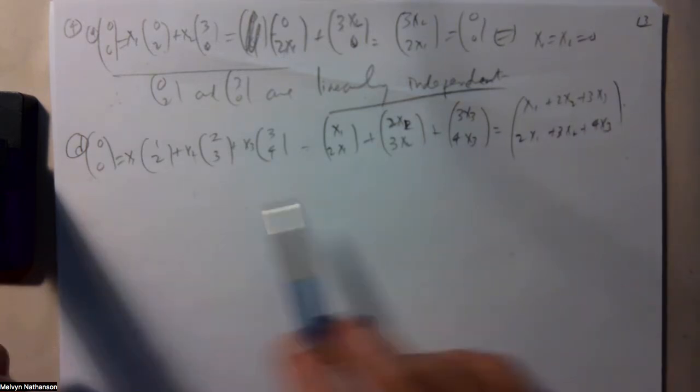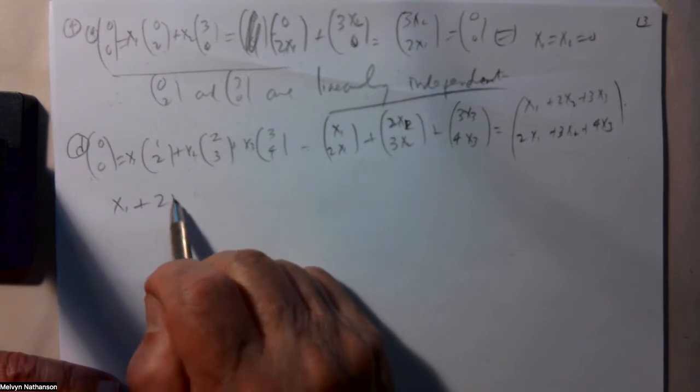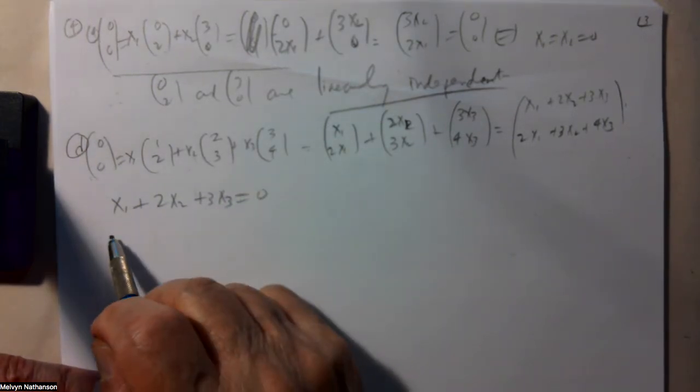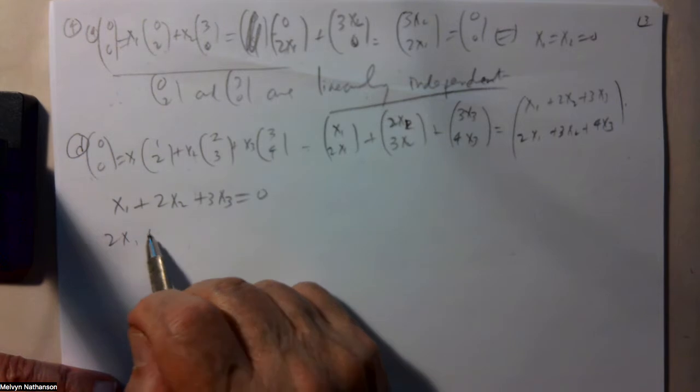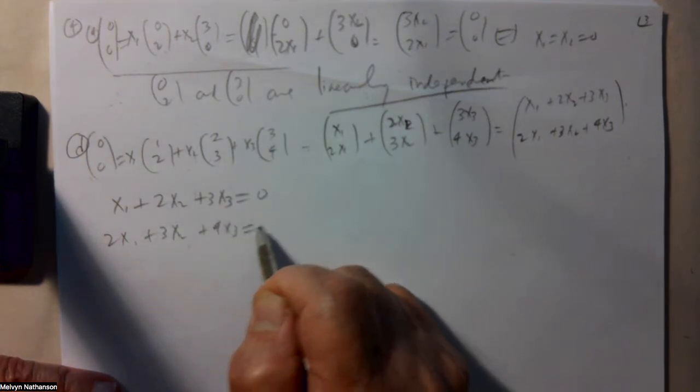If that's the 0 vector, then x1 plus 2x2 plus 3x3 has to equal 0, and 2x1 plus 3x2 plus 4x3 has to equal 0. So again, I have to find the solution space of this system of homogeneous equations.